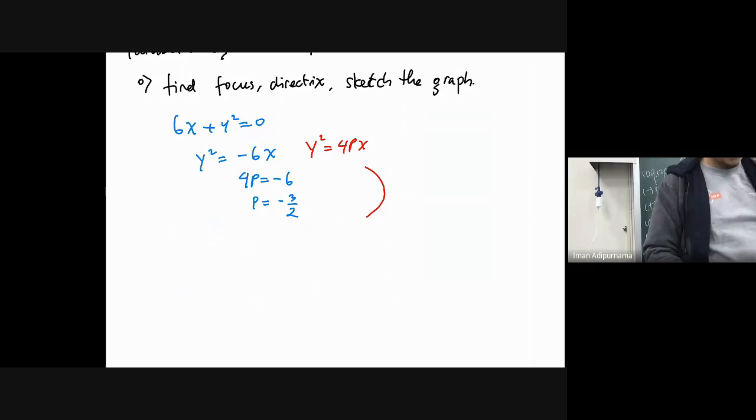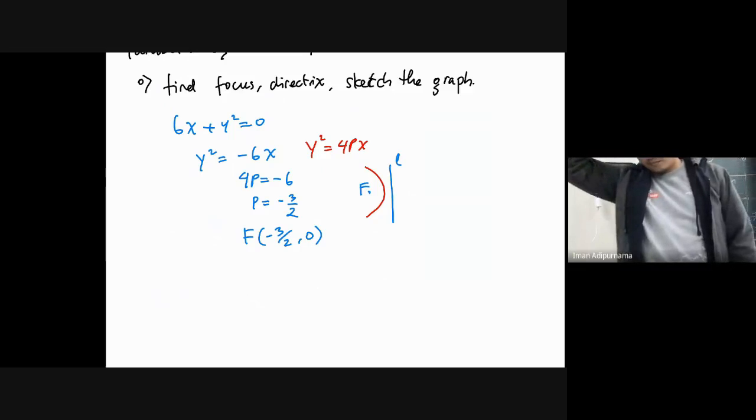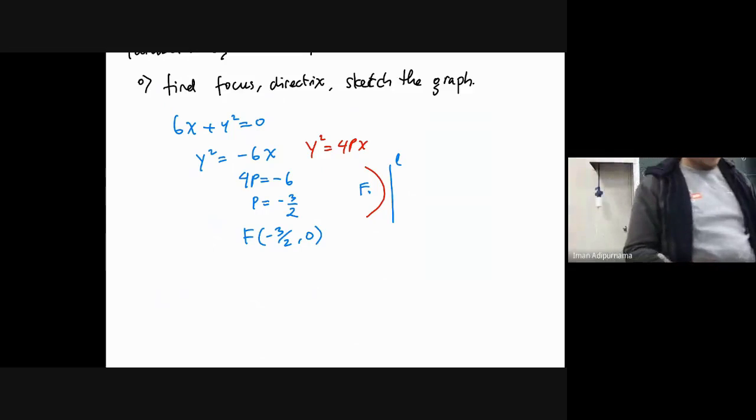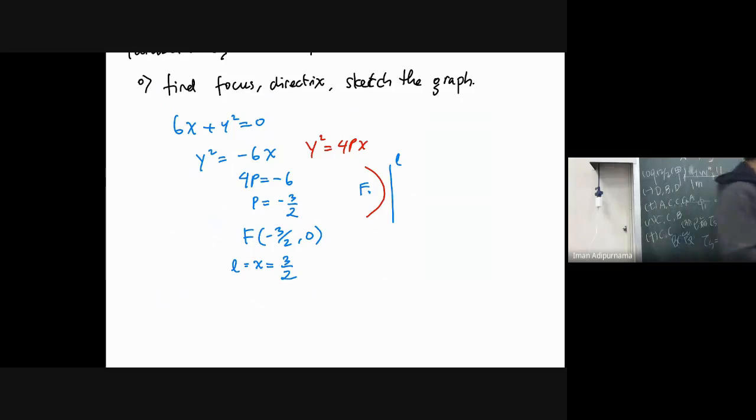Maybe just a quick illustration to give the information that this is F. So F will be (negative 3/2, 0), and the directrix is x equals 3/2.